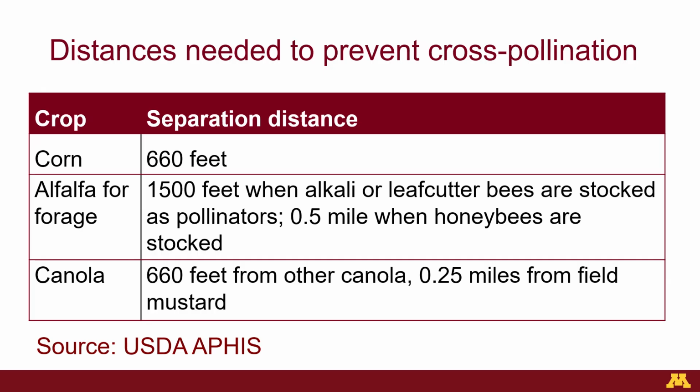For corn, 660 feet is considered sufficient to reliably prevent pollen drift. The distances required for alfalfa can be affected by the types of pollinating insects. Canola is required to be a quarter mile from field mustards, including weeds. Because these large separation distances are not always achievable, you may also need to use strategies to separate by time.